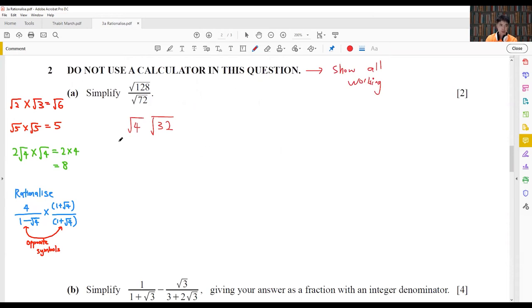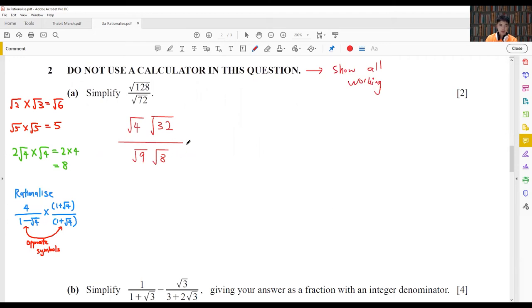All right, 32 over this will be, I think I can bring out 9, so it's √9 over √9 times √8. 8, 9, 7, 2. Yep, correct.